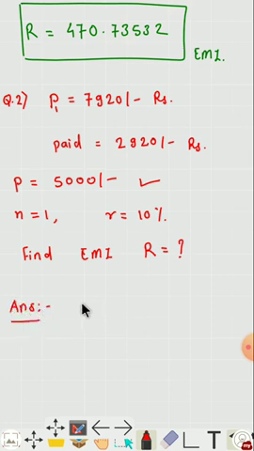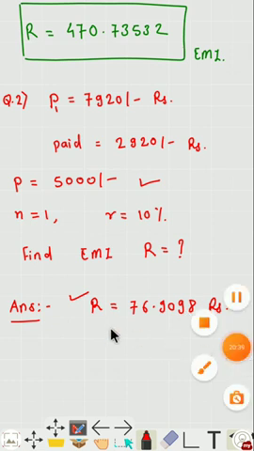The answer by using the method interest on reducing balance is 76.9098 rupees. But you try to solve this problem on your own, and this is homework for you.